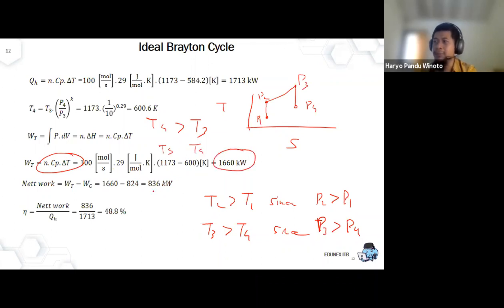Then what is the net work? Here WT, work at the turbine, minus WC, work at the compressor. And the efficiency of the cycle is this one. It's going to be around the same as our last calculation by using the TS diagram.